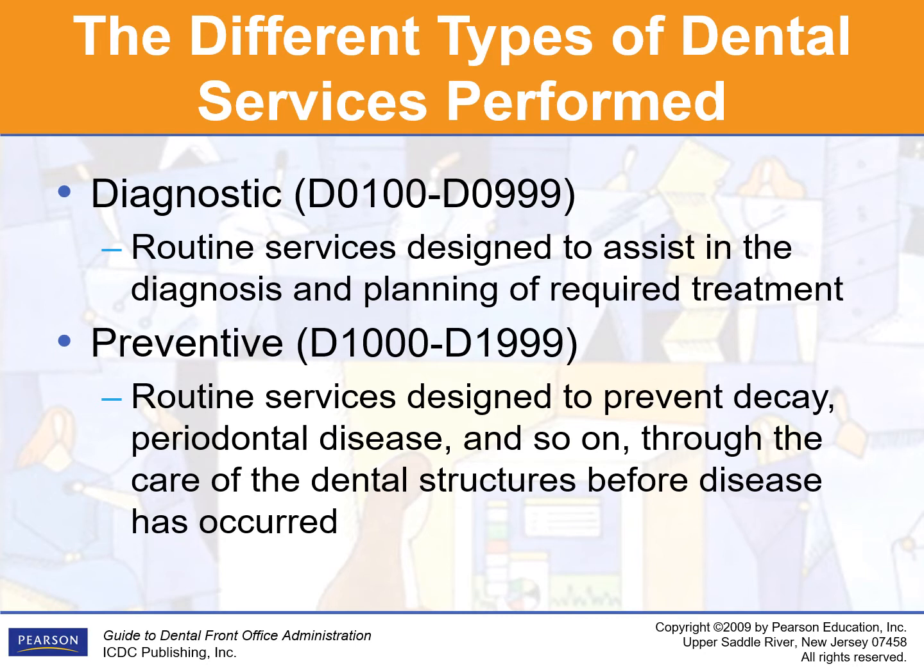So all your codes from D0100 to D0999 will fall under a routine service, such as planning the required treatment. When your patient comes in with an issue, we absolutely have to come up with a plan of treatment to treat that patient. So you would put this code for the insurance on the patient's insurance form.